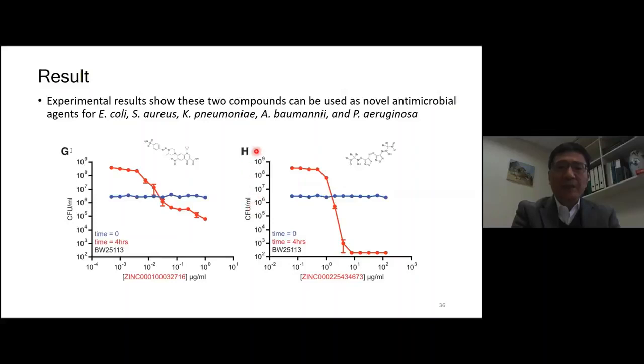And so we use the log unit, so 10 to the power of 9, and this is 10 to the power of 2, okay? Because the variations are huge, and therefore we use this log unit. And so we observe indeed this compound can effectively kill the E. coli to suppress E. coli growth.